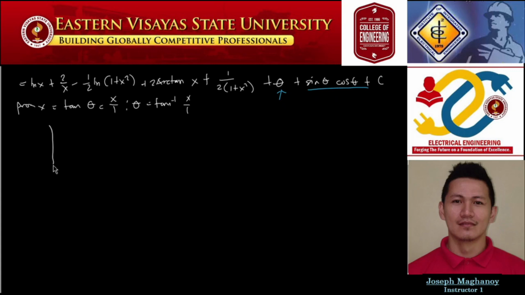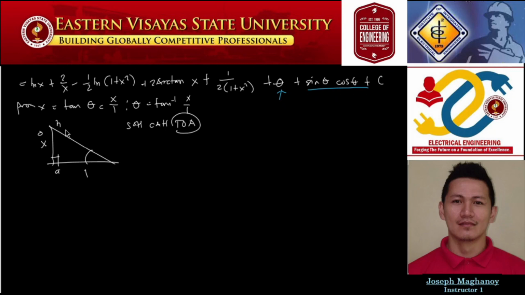So this is the value for your theta, or theta equals arctan x over 1. And if we draw a right triangle, we can determine the others. So this is your opposite, hypotenuse, and adjacent. For tangent, the opposite is x and the adjacent is 1.